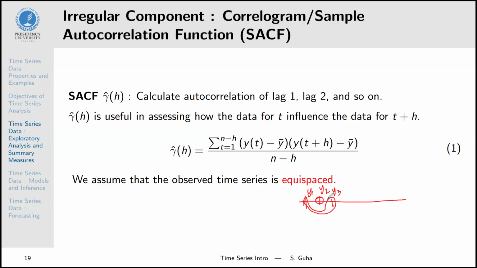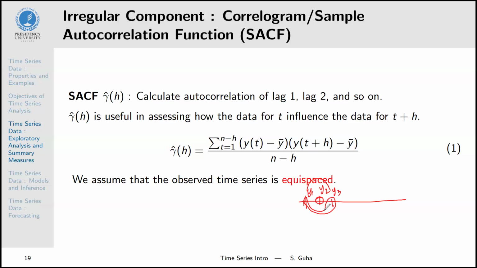It's like a common variable. If we are really interested in knowing the true autocorrelation between y1 and y3, we have to partial out the effect of y2 and then calculate the correlation. That is what gives us the sample partial autocorrelation function.